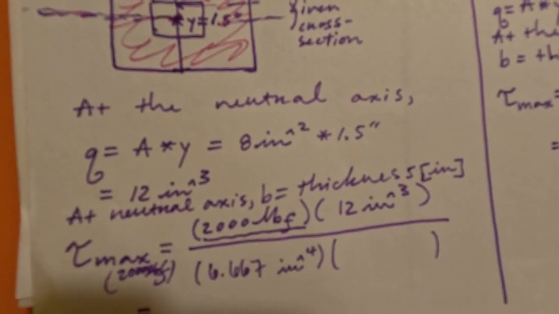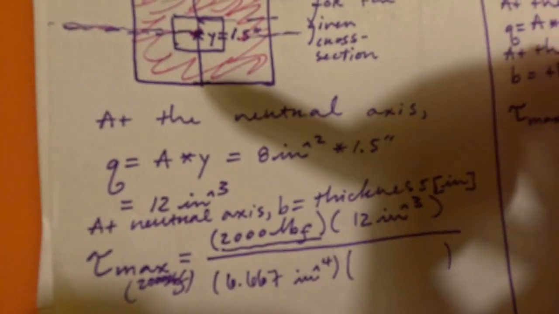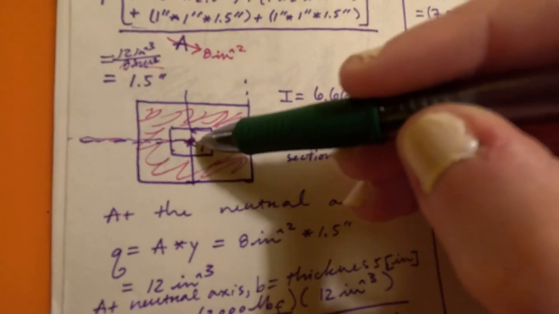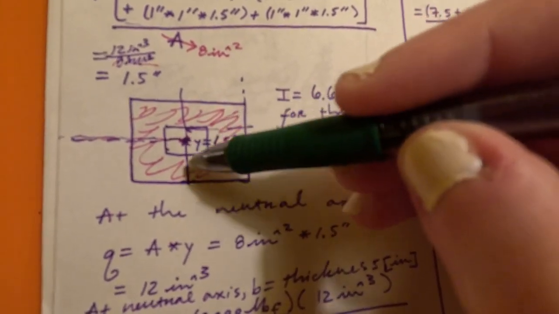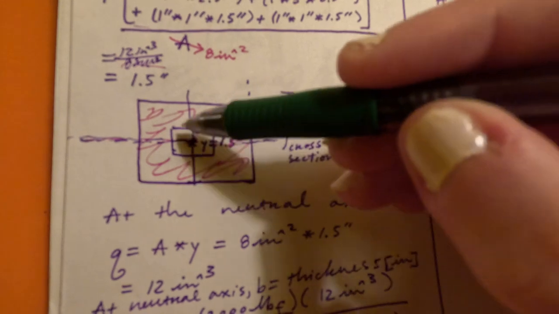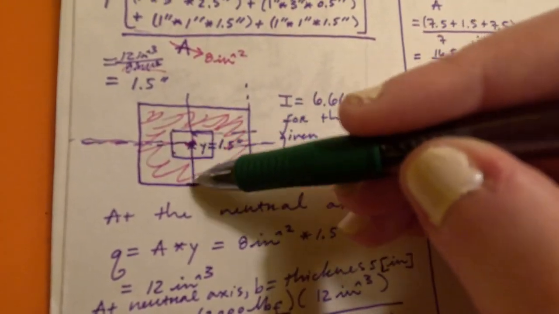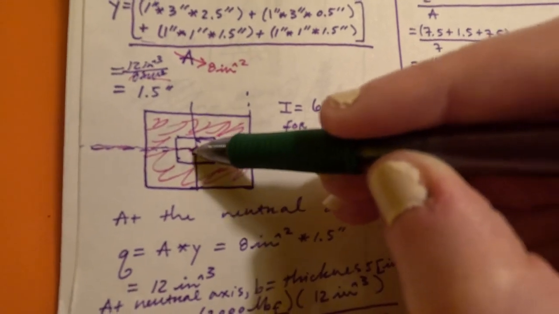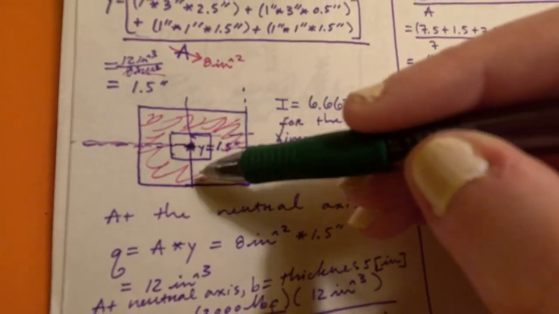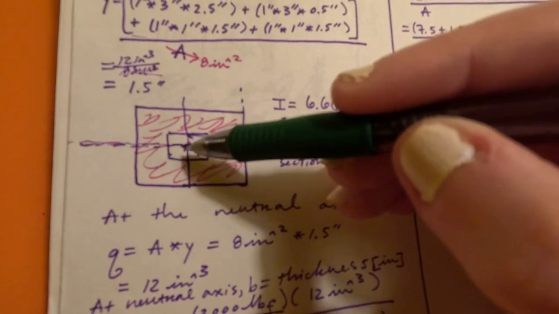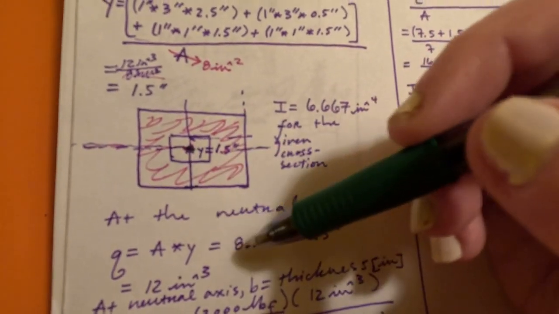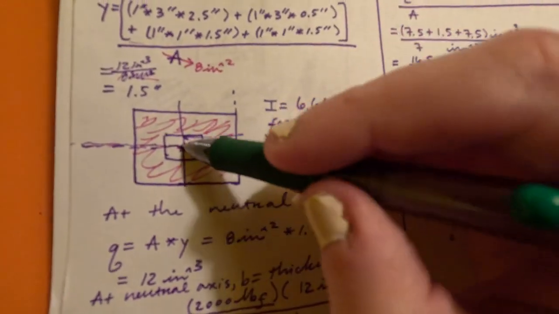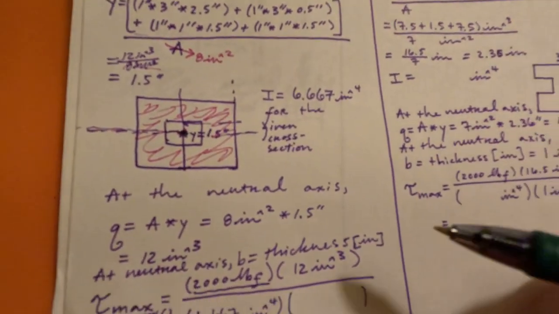Well, we said it's the first moment of area, so if we were going to try and rotate this beam, this slice of the beam, it would rotate about that point based on the area, not necessarily the mass, but the area.